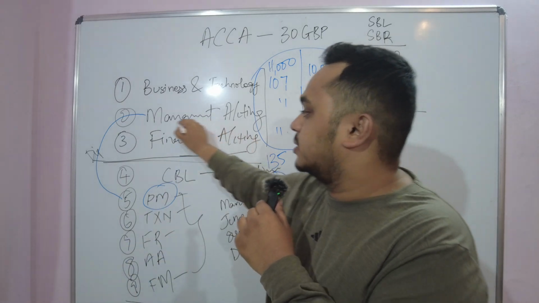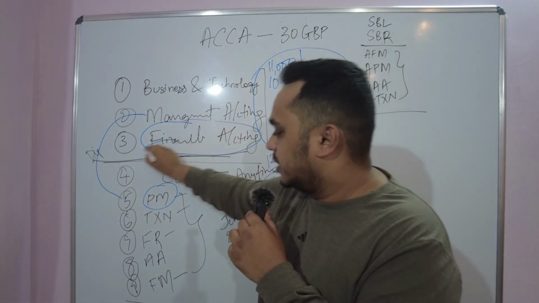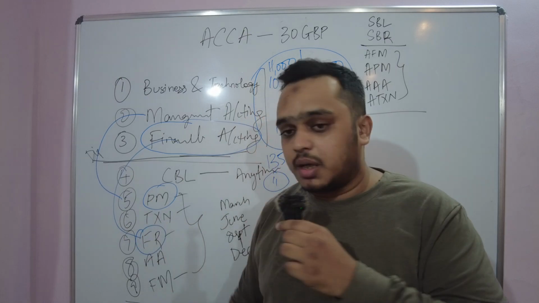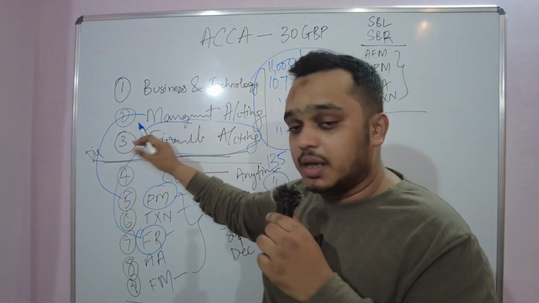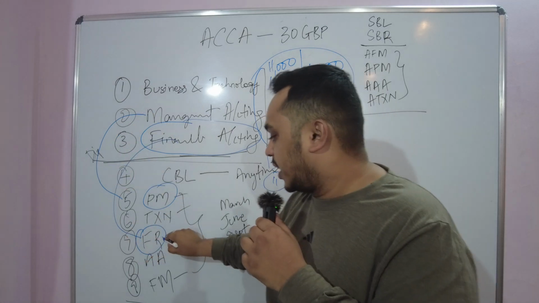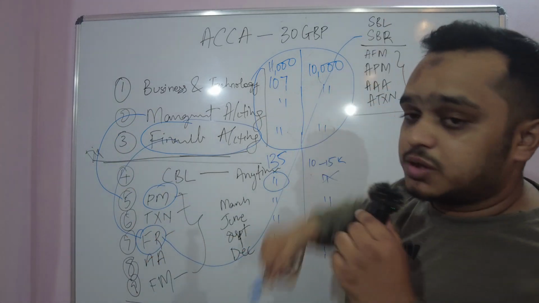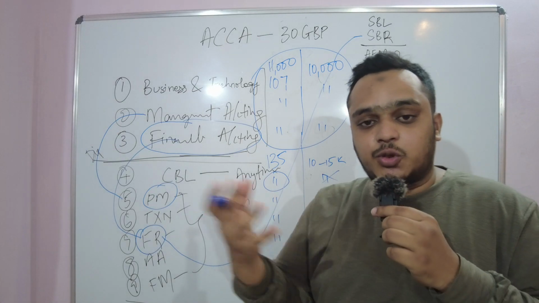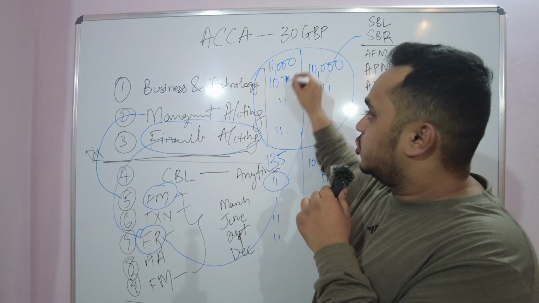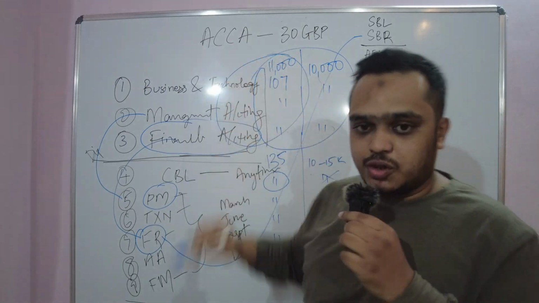Suppose some person is really good in financial accounting, then they don't need to go ahead for coaching again for financial reporting. Same goes, you see here all papers are connected. Then financial reporting gets connected towards SBR, which is strategic business reporting. So you as a student should be really good in your foundation.